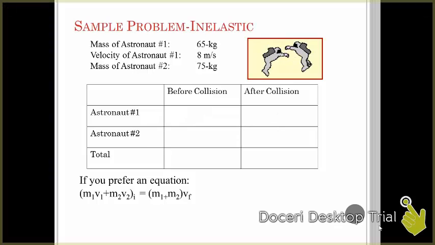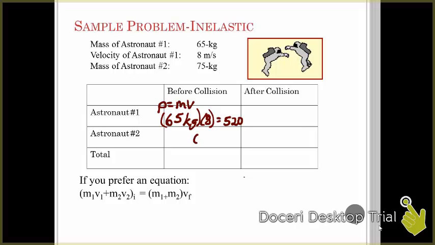Okay, so let's take a look at astronaut 1. All I'm doing is looking at the momentum of each object before. My first astronaut has a mass of 65 kilograms, and he's moving at 8 meters per second. Multiply those two together, and you get a value of 520 kilogram meters per second.